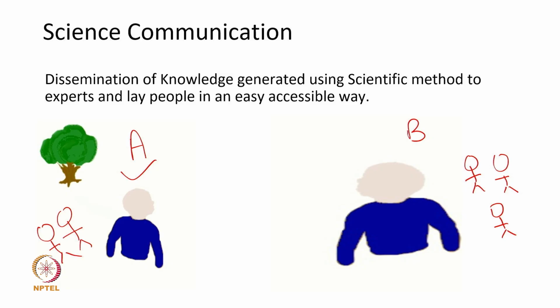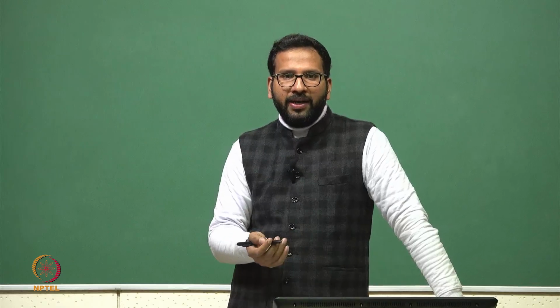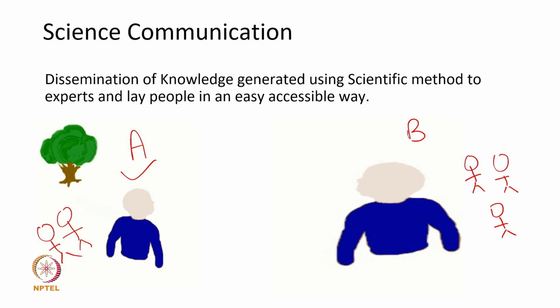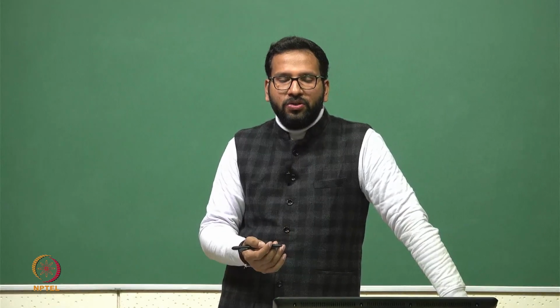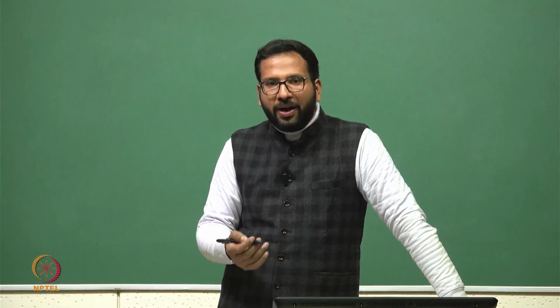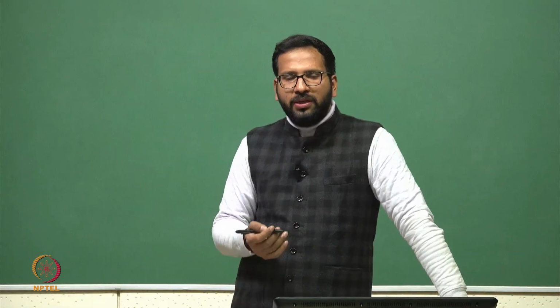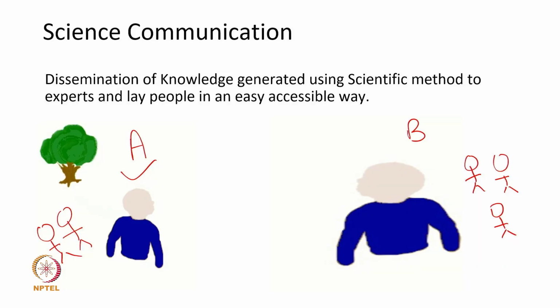The whole society will not be able to take advantage of what group A has identified, the possible implication of the tree X. Take another example: if the physical nature of different waves had not been shared with the outside world, how would medical imaging have been possible? This is why science communication is essential, not only for the benefit of society, but also for the advancement of science. We'll see all those reasons for communicating science in this lecture.